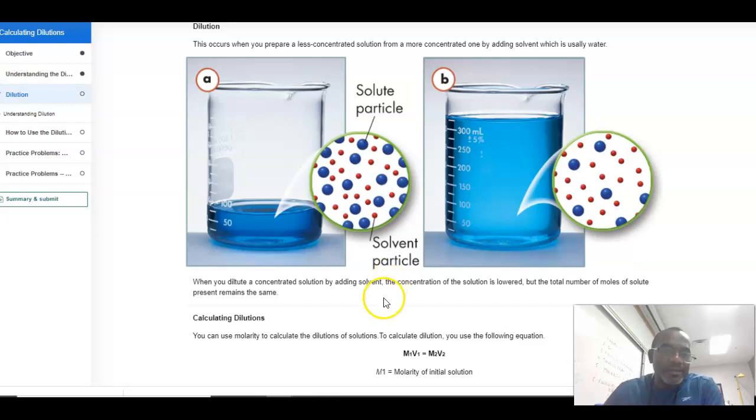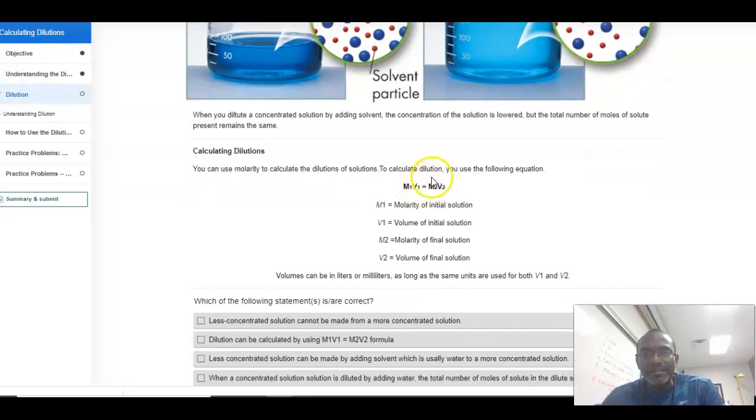All right, now calculated dilutions. You can use the molarity to calculate the dilutions of solutions. Now, to calculate dilution, you're using the formula M1 V1 equals M2 V2, where M1 stands for molarity of the initial solution and V1 stands for volume of the initial solution. M2 is the molarity of the final solution, and V2 is the volume of the final solution.